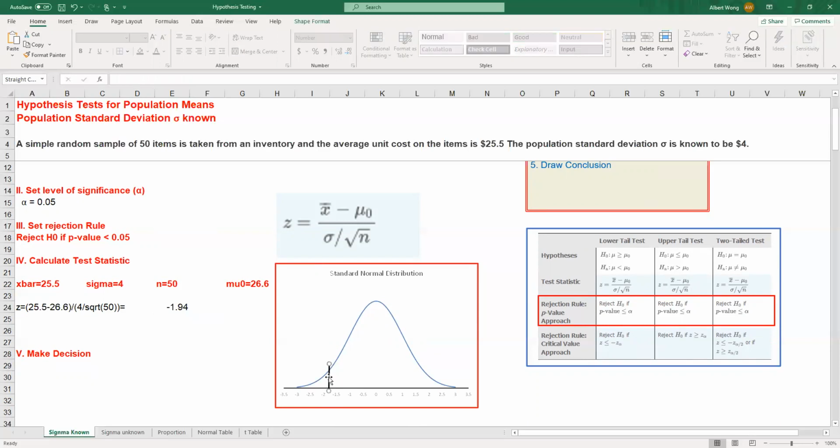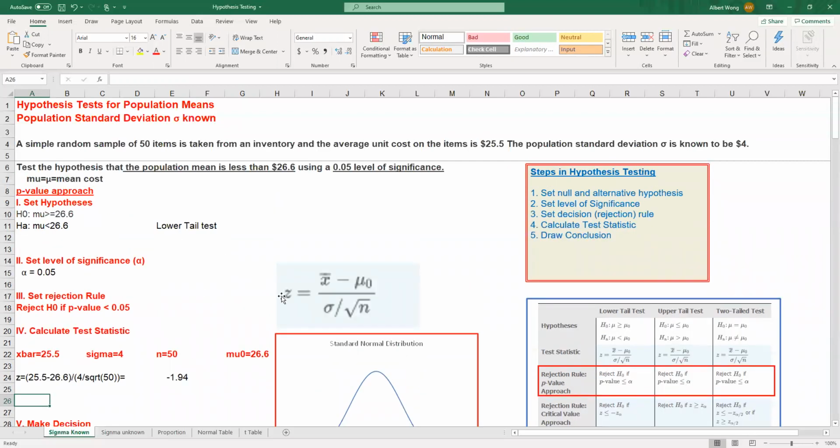If the null hypothesis is true, we should see this data in the sample with reasonable probability. And therefore, we would reject the null hypothesis if the probability of seeing that data is very small. So we would calculate what we call the p-value. The p-value is the probability of seeing the data or anything smaller. So basically it's the tail, and we look at the lower tail because this is a lower tail test.